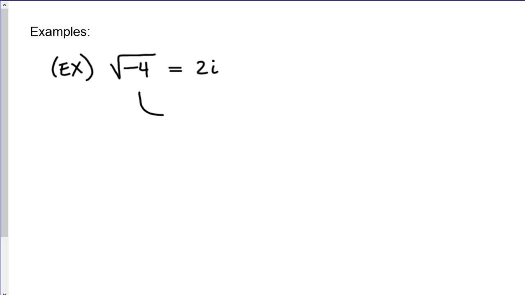So what's happening is we're basically splitting this up into negative 1 times 4, and then the square root of negative 1 is the value i, the square root of 4 is 2, and instead of writing i times 2, we express it as 2i. So effectively, anytime you have a negative underneath the square root, you just pull out i from underneath the square root.